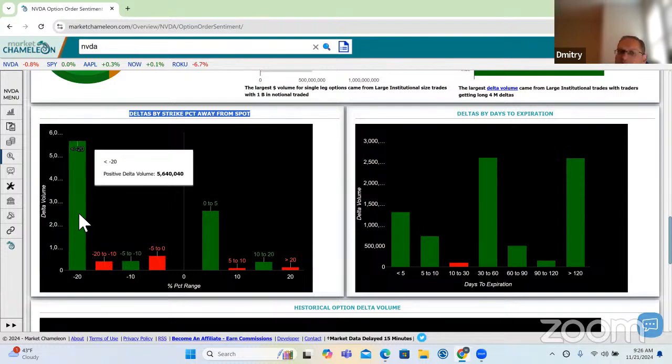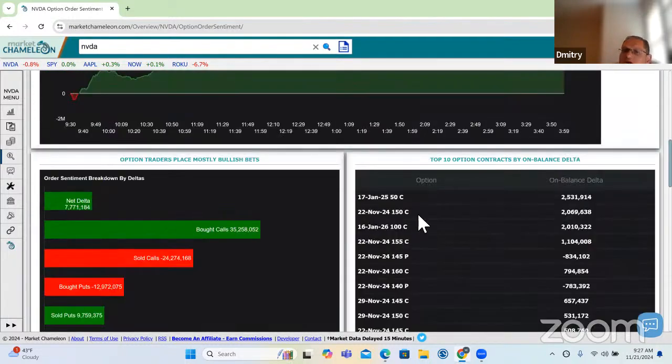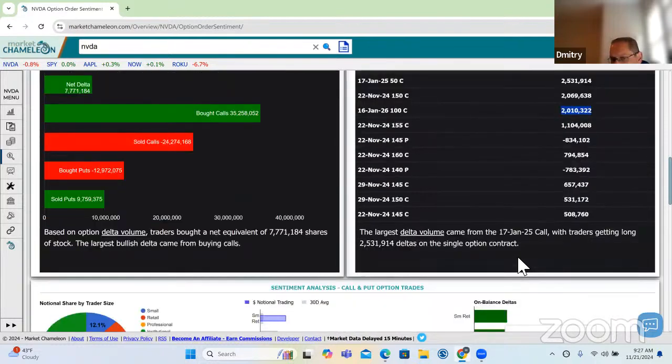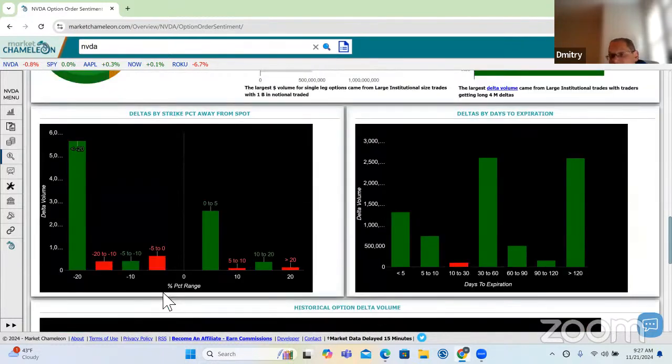The interesting part, as somebody just brought up, is that based on those analytics, a lot of those positive deltas were coming from strikes that were below, deep in the money, right? So that's what this is indicating, that those strikes were deep in the money. As we could see here, we have a 150 call here, we have a 100 call here. That's something to maybe consider and take a look at.